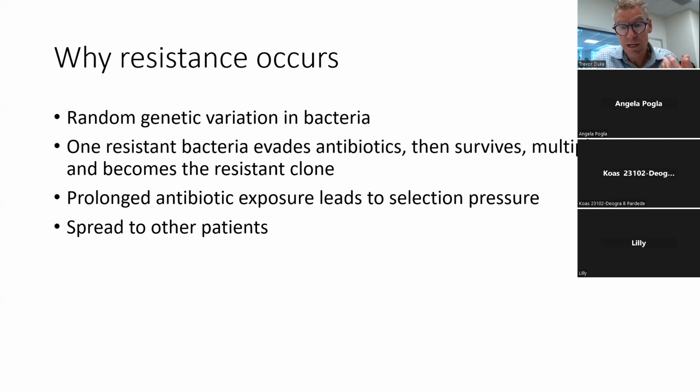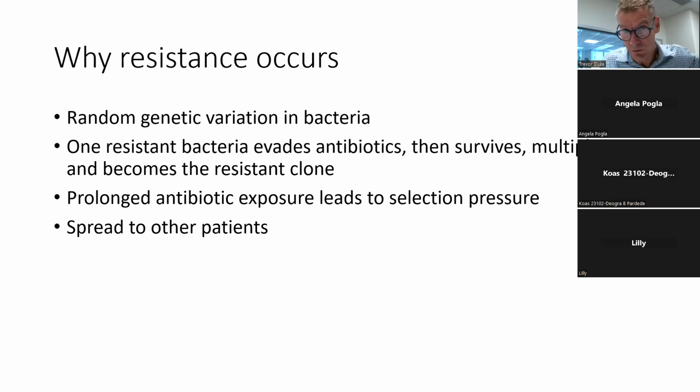And sometimes you'll have a mixed picture within an infection where some of the bacteria will be susceptible and some will be resistant. So that's a dangerous situation, especially if there's ongoing exposure to antibiotics, and that leads to a proliferation of that resistant clone. And that's called selection pressure.